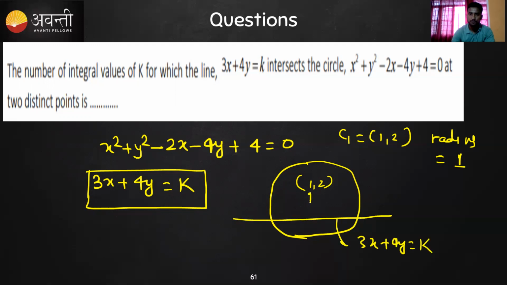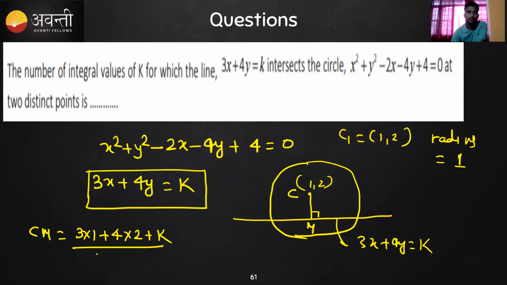Okay, so suppose I am drawing a perpendicular. So what will be the perpendicular distance? Suppose this is C, right, and this is M. What will be this CM value? So CM will be basically the perpendicular distance between this point and this line. So from here, we can write 3 into 1 plus 4 into 2 plus k divided by the square root of 3 square plus 4 square, right?